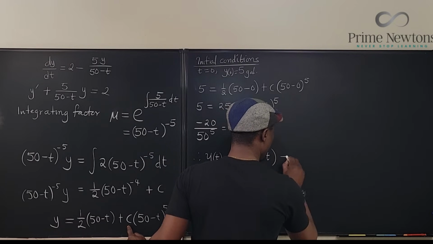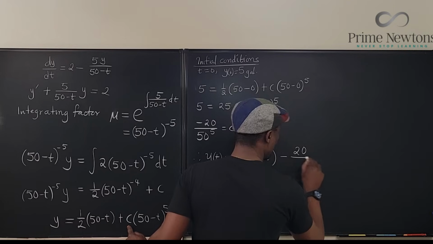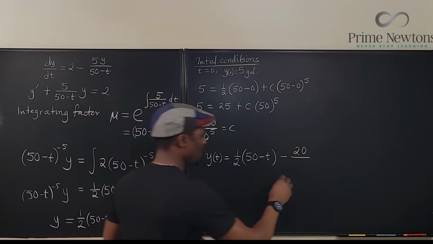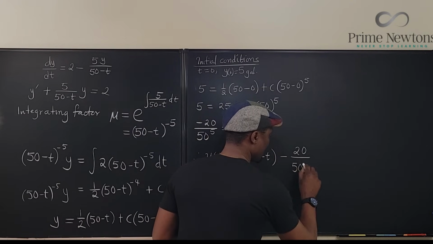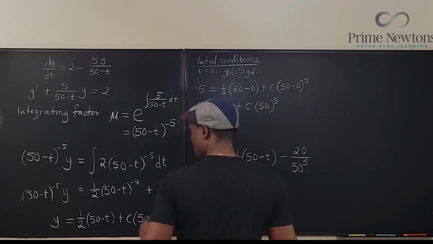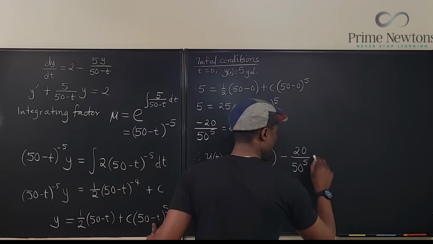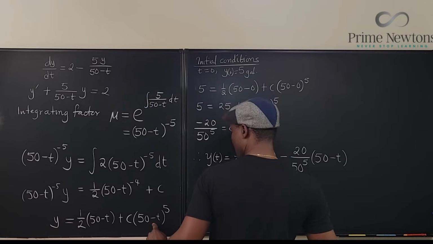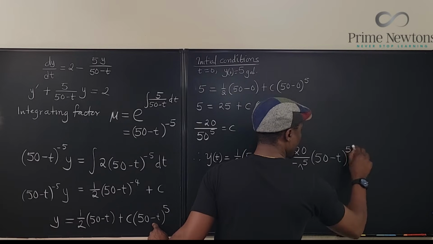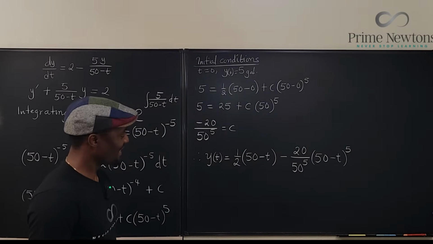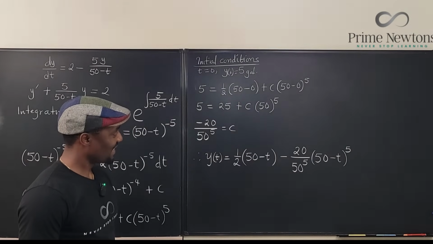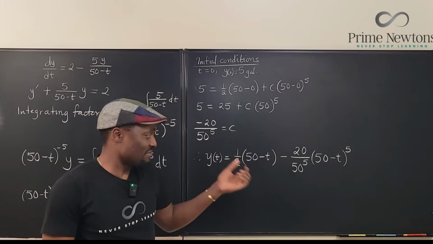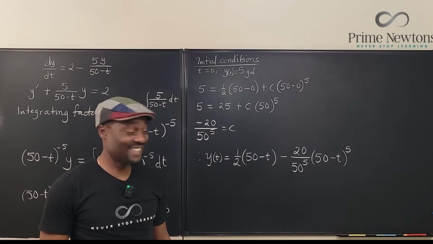So it's going to be minus 20 over 50 raised to the 5 times 50 minus t raised to power 5. Huh, interesting. Now, do I want to factor? I'm just going to leave it that way.